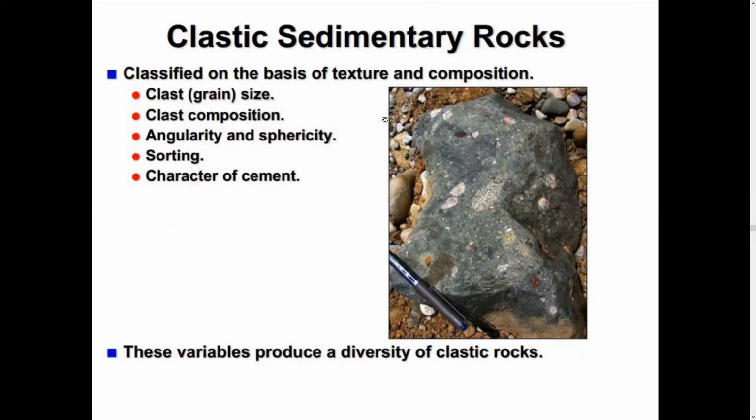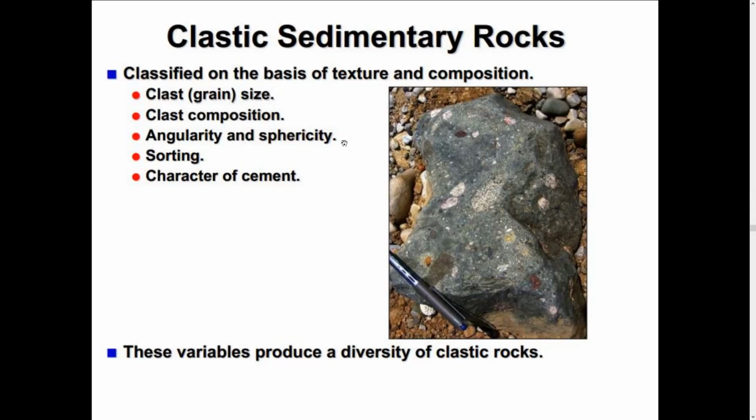So that is, for example, talking about their grain size. How big are the grains that make up such rocks? Or composition, or their shapes. Are they angular in terms of shape, or are they more spherical? So angularity and sphericity also play an important role.